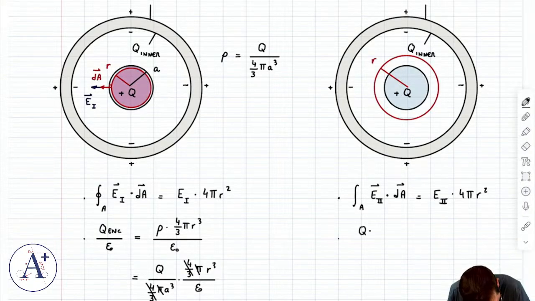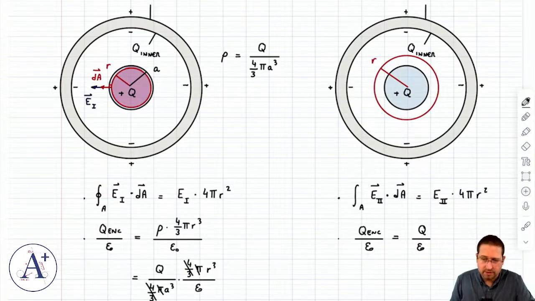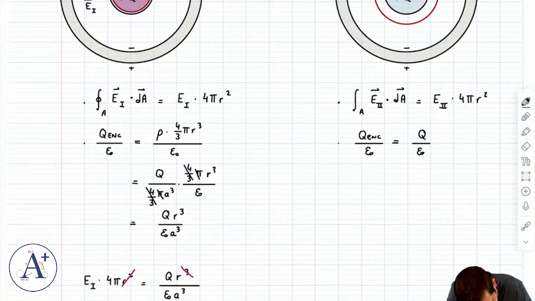What is Q enclosed over epsilon naught? Well, this time it's easy. You enclose all of Q from the insulating sphere, where you could grab all of it. So you can just say, by Gauss's law, E2 4 pi r squared is equal to Q over epsilon naught.